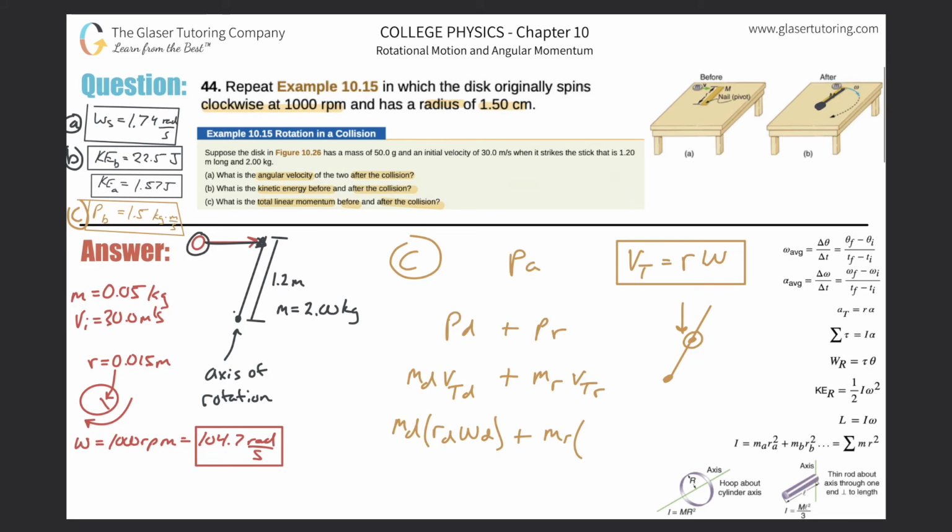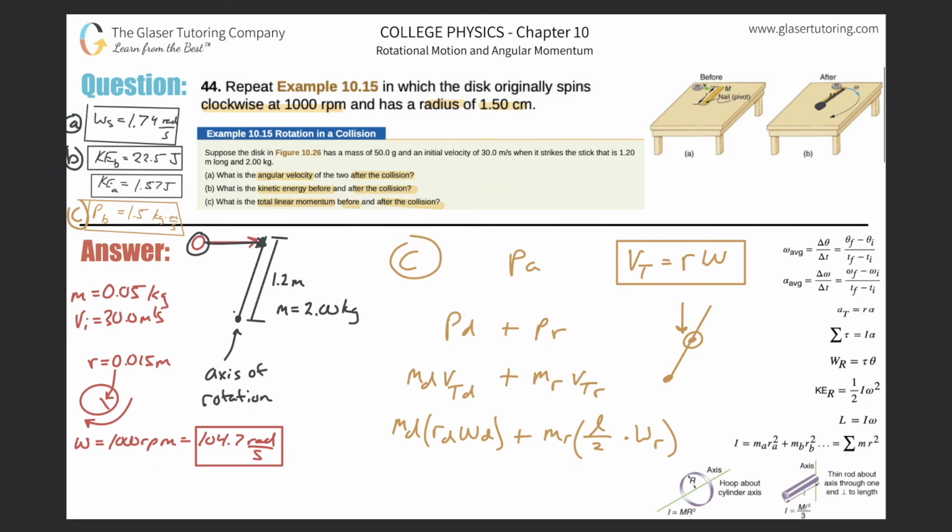I just spoke about that. So basically we'll say it's the length of the rod over 2, because we're taking the average. And that multiplied now by our omega of the rod. Remember, these omegas are the same. It doesn't matter if you're the disk or the rod, your angular velocities are the same.